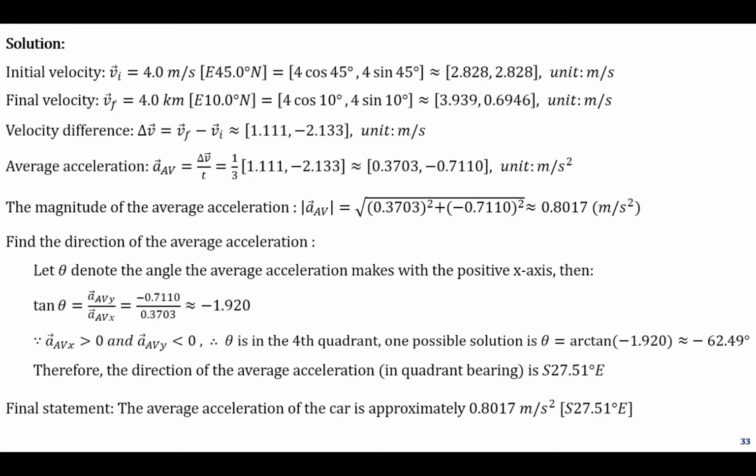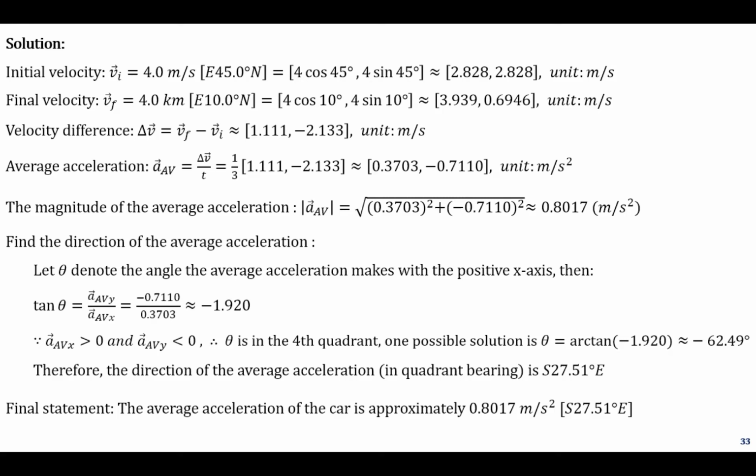So according to the definition of tangent theta, we know tangent theta is the y component of average acceleration over the x component of the average acceleration. So put both numbers in. This gives us negative 1.920. Also, we know the x component of the average acceleration is greater than 0, and the y component of the average acceleration is smaller than 0.